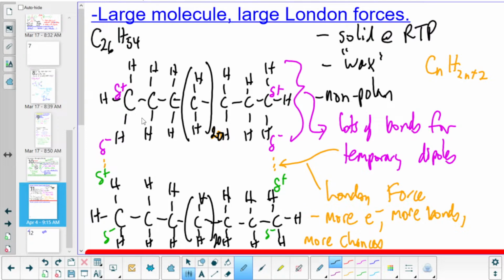This bracket is repeated 20 times. Wouldn't that make 27? 20, 21, 22, 23, 24, 25, 26. Oh, I'm bad at math.